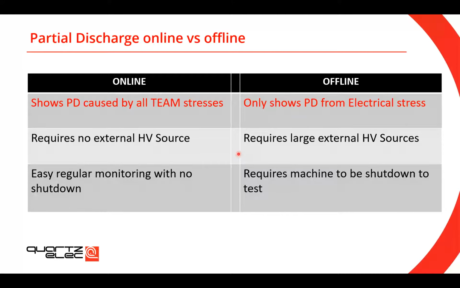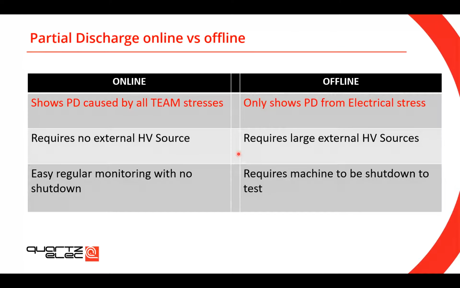So I asked whether you perform offline PD. And again, I think it's great that you do. Offline PD, tan delta, IRPI, these are tests that you should perform. But have a look at this and think about it. If you perform an offline test, you only show partial discharge coming from the electrical stress.